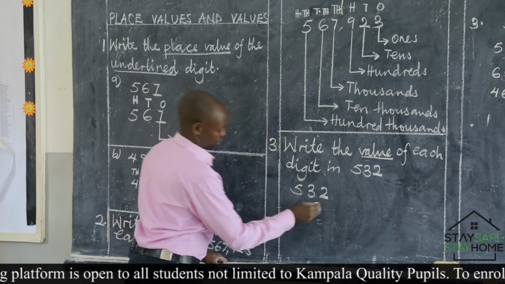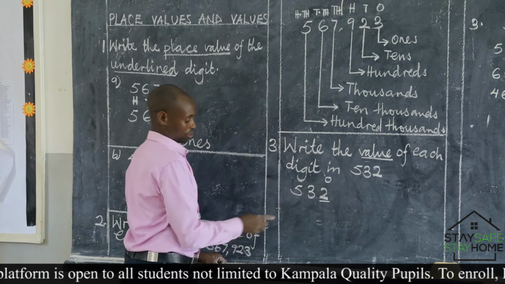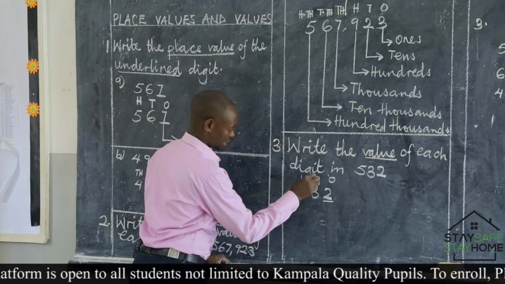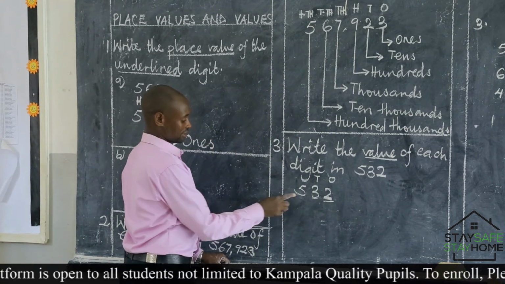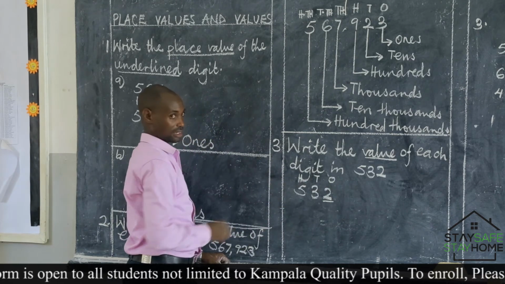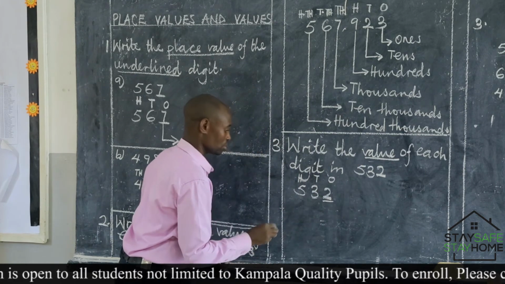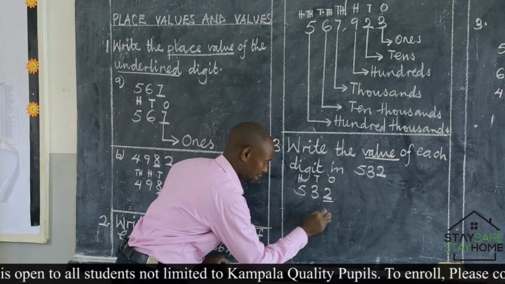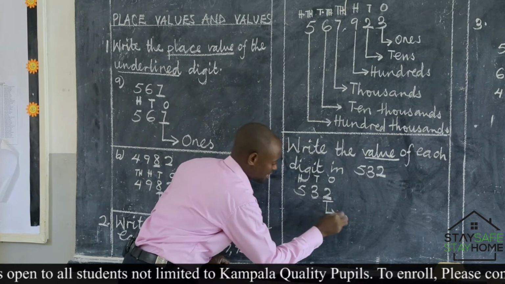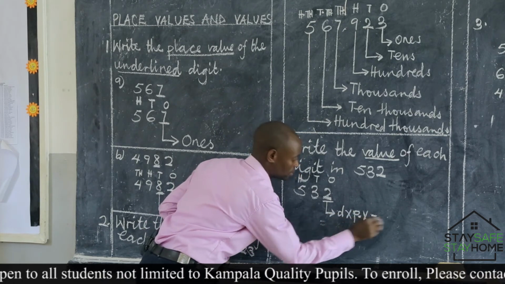So, what is the place value of 2? It is ones. What is the place value of 3? It is tens. What is the place value of 5? It is hundreds. These are place values. So I want values. So the value of 2 is going to be the digit multiplied by its place value.